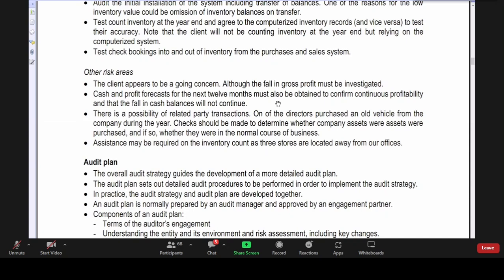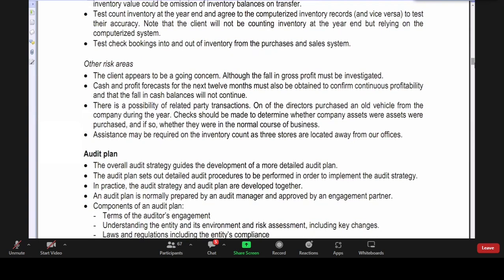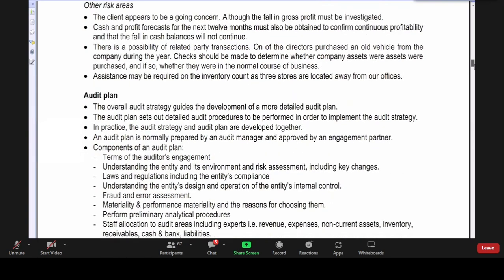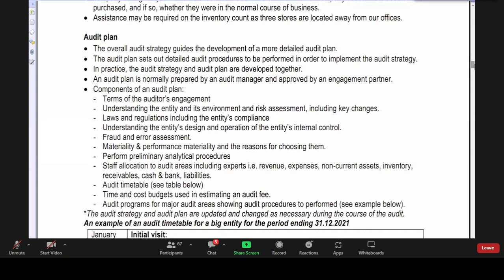So ladies and gentlemen, it's very important to understand your client, look out for the risk areas, appreciate the industry they are operating in, and understand your audit team. That is when you can come up with an audit strategy. This is what is involved in an audit plan, like we discussed previously.